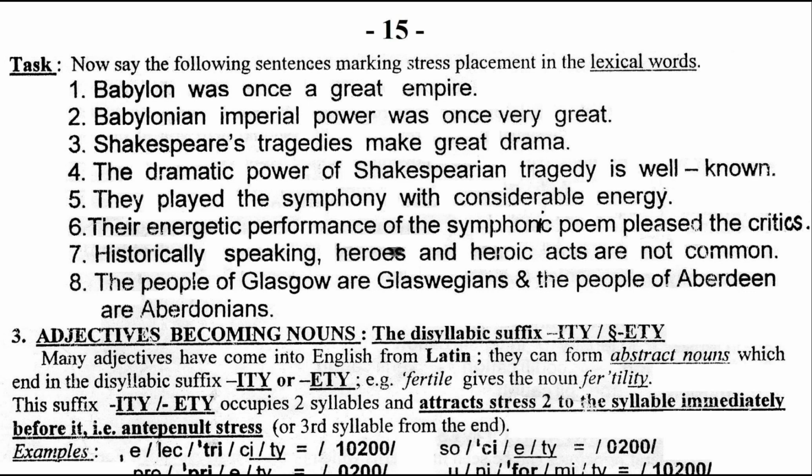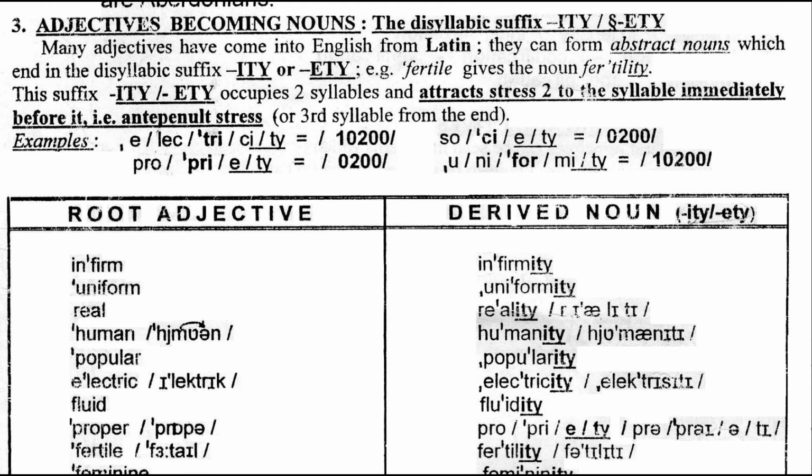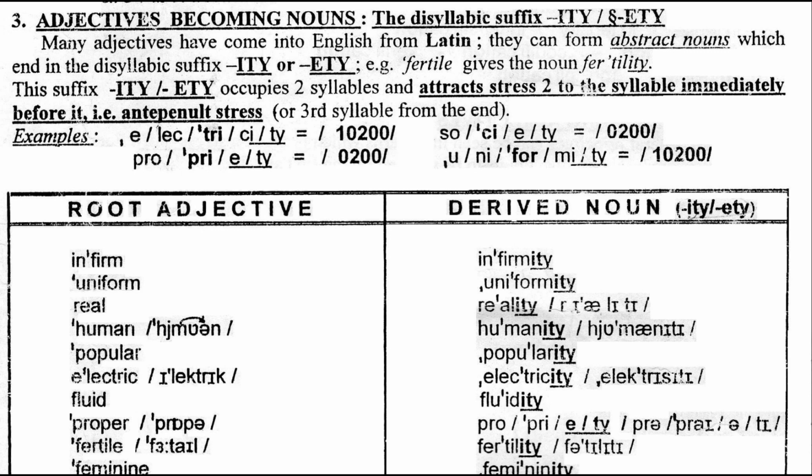Great, so we have marked the stress on only the lexical words, and we have left the function words or grammatical words unstressed. Now we move to something else related to stress shifting suffixes, and we are going to talk about two disyllabic suffixes which are ety and ity. Those suffixes occupy two syllables.